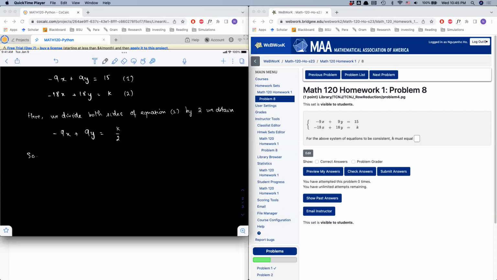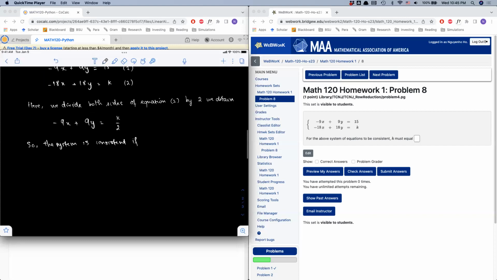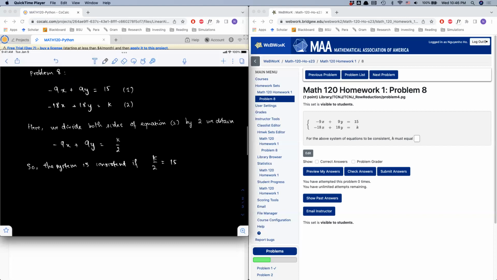So the system is consistent if k over 2 is equal to 15, right? Because if k over 2 is equal to something else, then you have an inconsistent system.